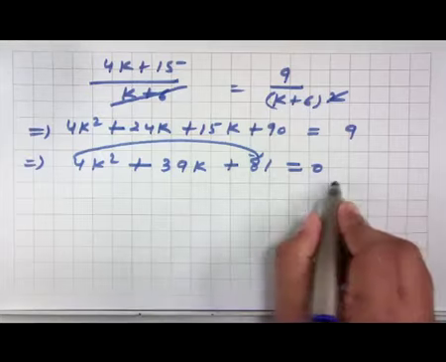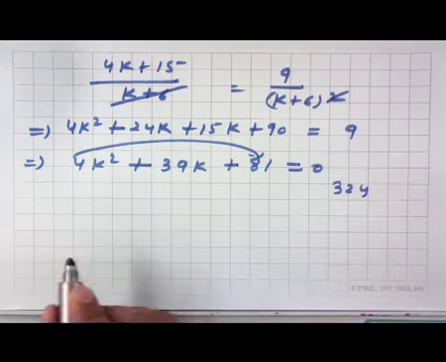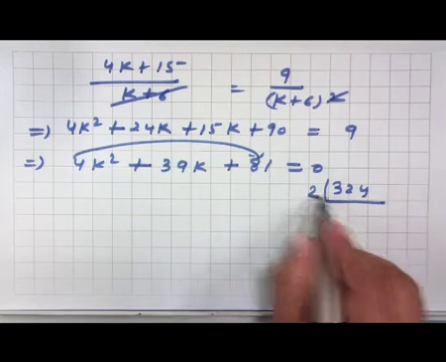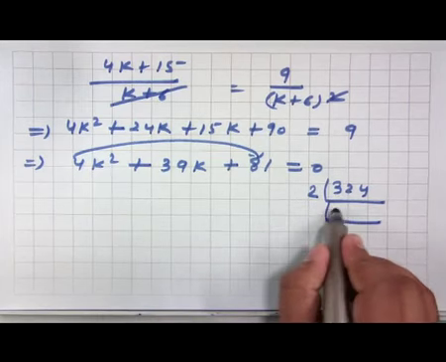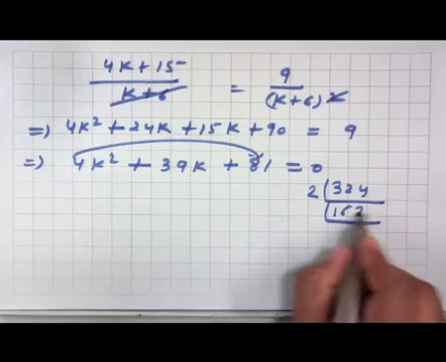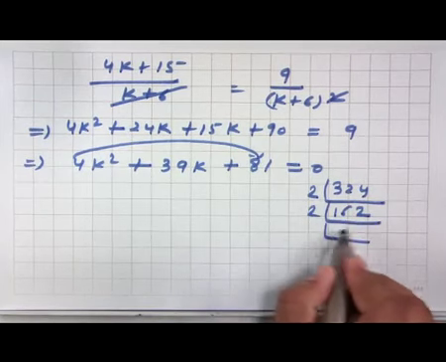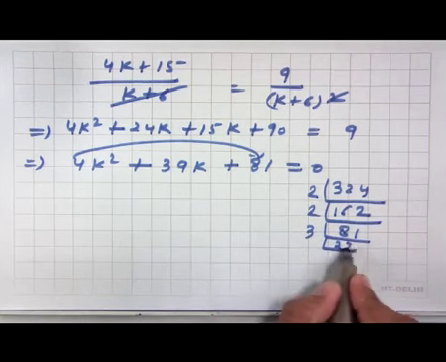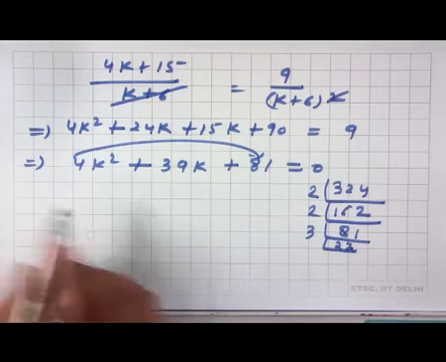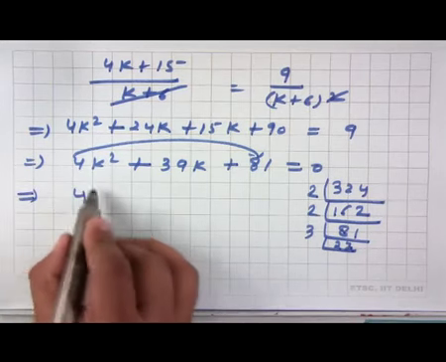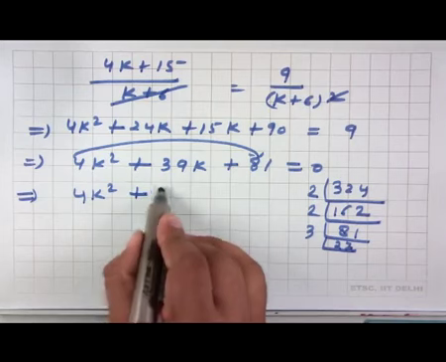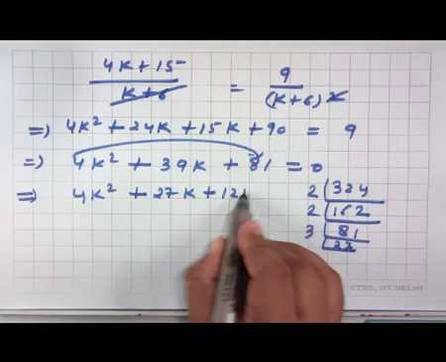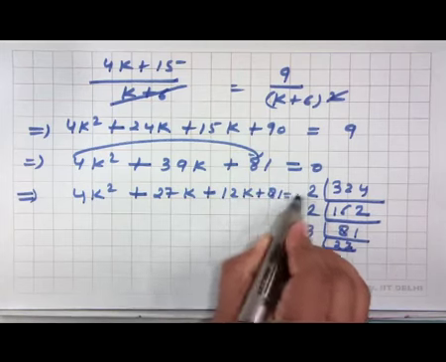It will be 324 and the factors will be 2, 162, again 81, 27, 27 and 12. The factorization will be 4k square plus 27k plus 12k plus 81 equal 0.